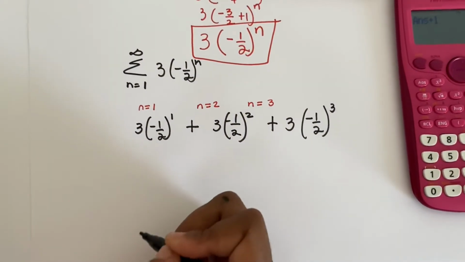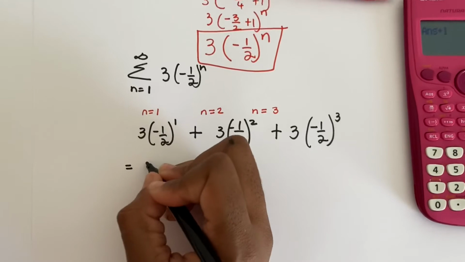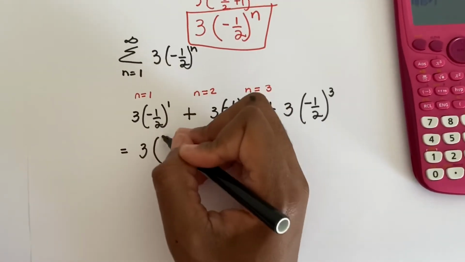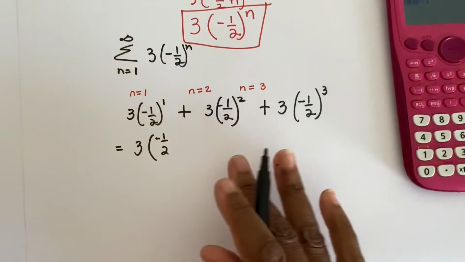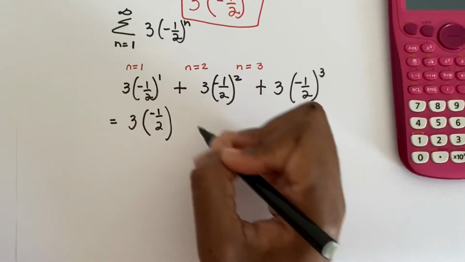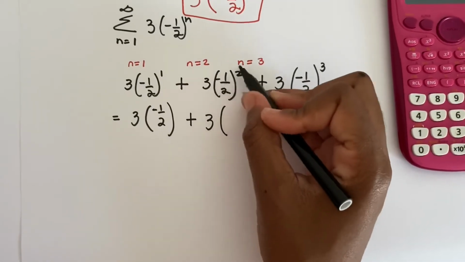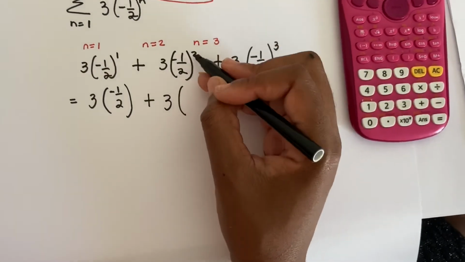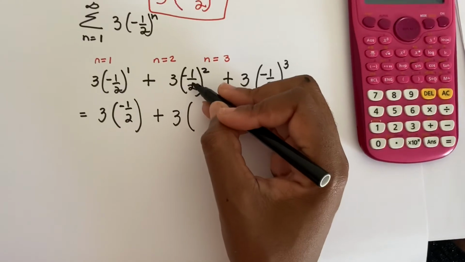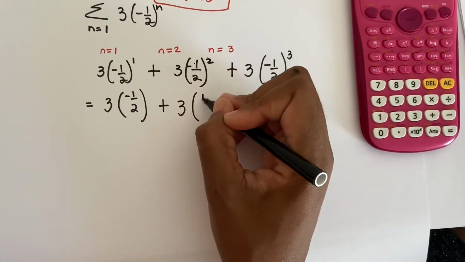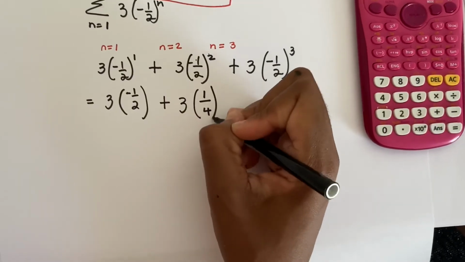So what is that? This is just 3 times negative 1 over 2 to the power 1, which is just that. I'm doing everything step by step so that we don't leave anybody out. Then I have plus 3 times negative 1 over 2 to the power 2. This is an even power, so it's positive, so it's basically 1 squared over 2 squared, which is 1 over 4.